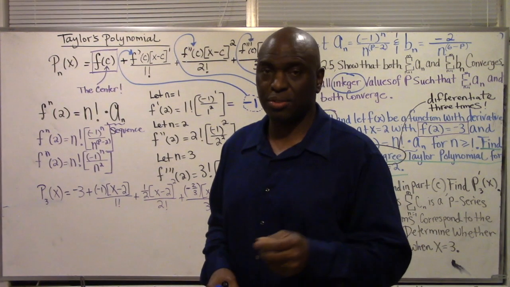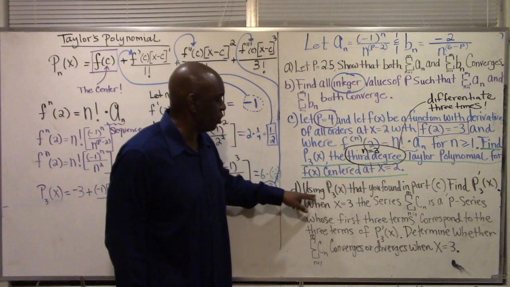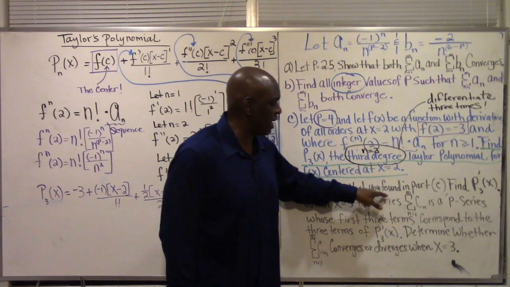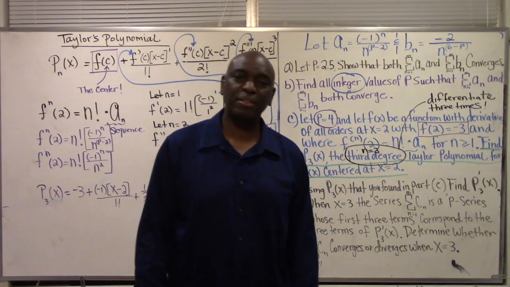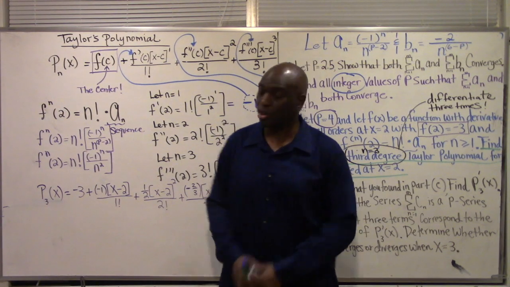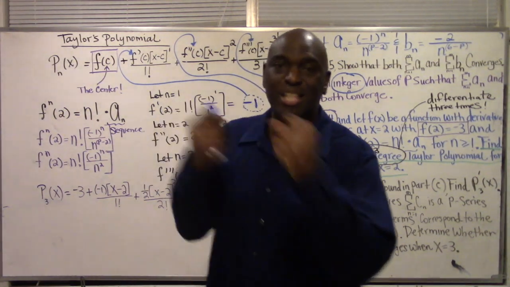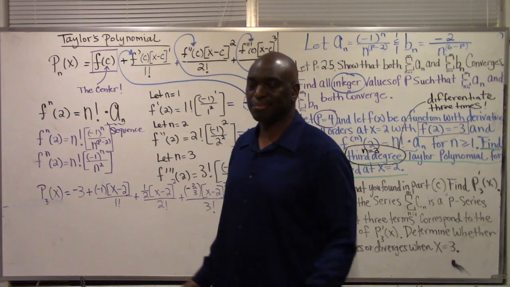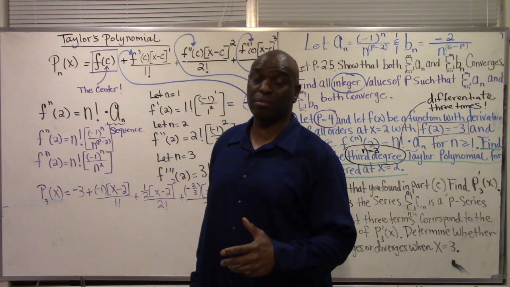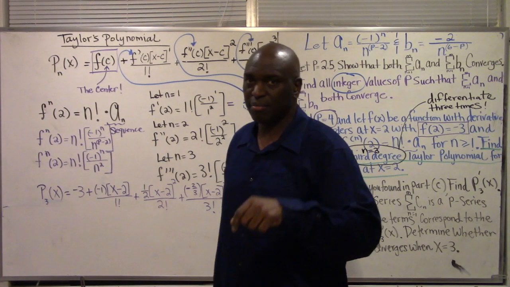However, I do know this. When we look at the next question, D, it says using the Taylor polynomial of degree 3 that you found in part C. So to answer part D, I have to use this polynomial from part C, which is going to require me to simplify it. So probably when you start question D, simplify then.